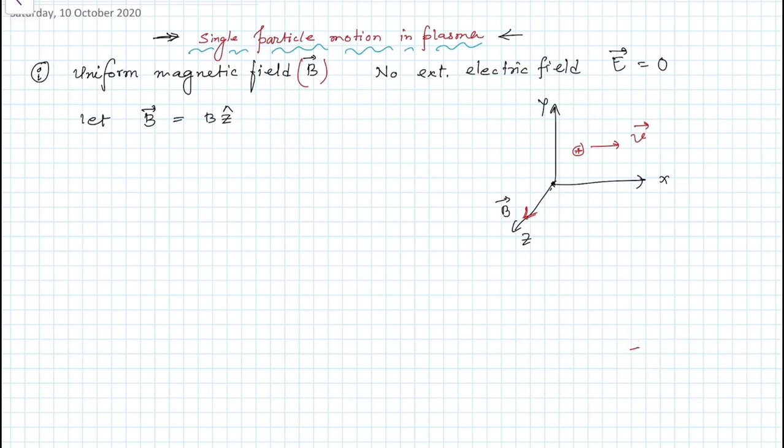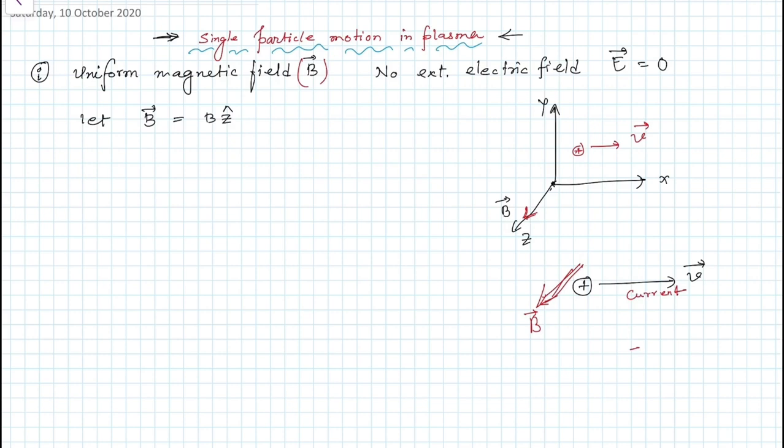We can determine the direction of this force by using Fleming's left hand rule. If a positive charge is moving with velocity in this direction, we can consider this the direction of current. If it is negative, then we have to take the opposite direction of motion. The direction of the magnetic field is coming out of the screen.